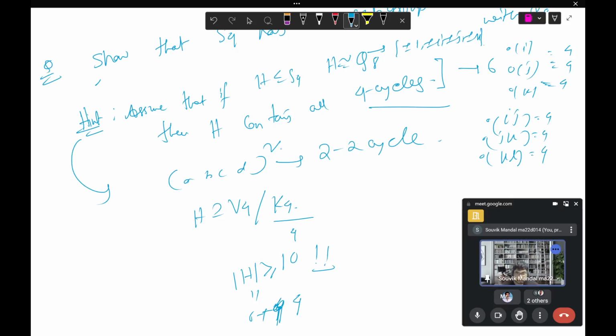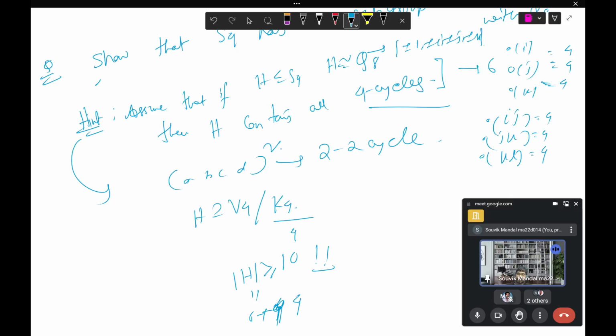Oh, yeah, sure. So first, assume the hint that if H is a subgroup of S4 which is isomorphic to Q8, then H contains all 4-cycles. First assume this. Now, for example, you can take any 4-cycle in S4 and take the square, then you will get a 2-2 cycle.